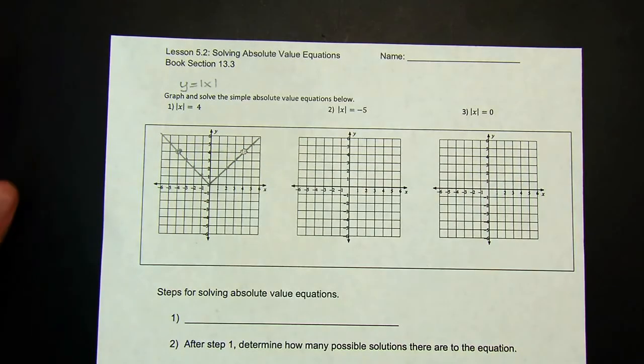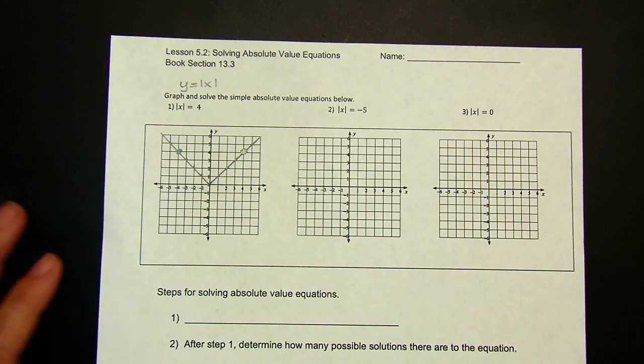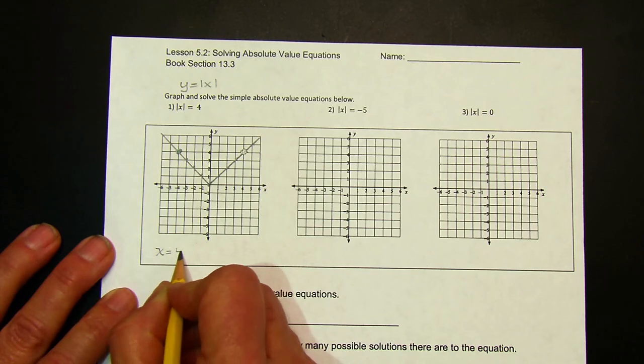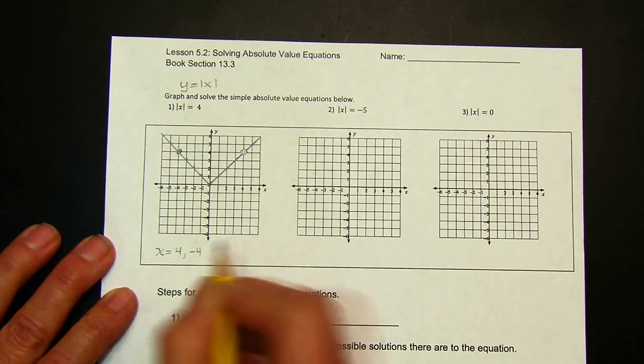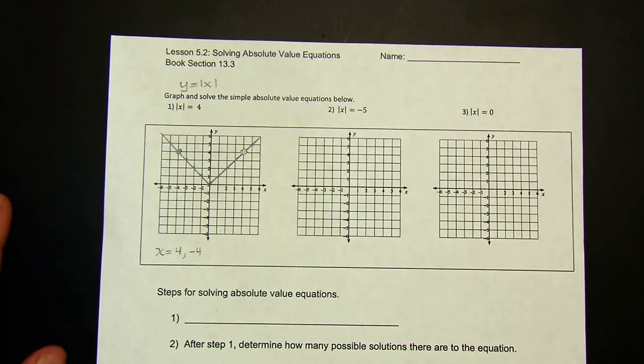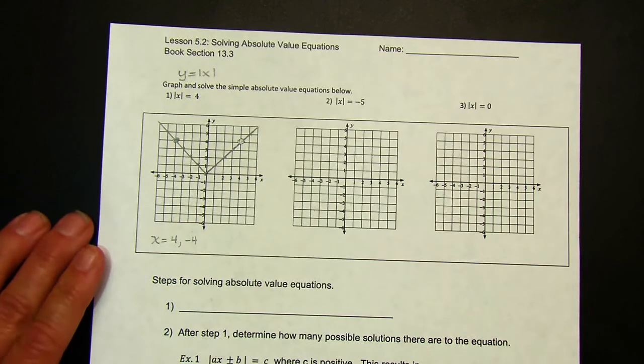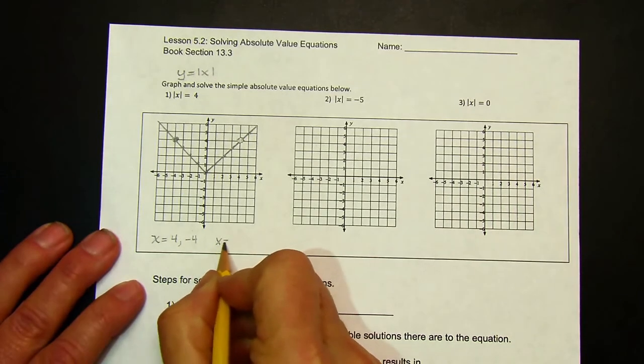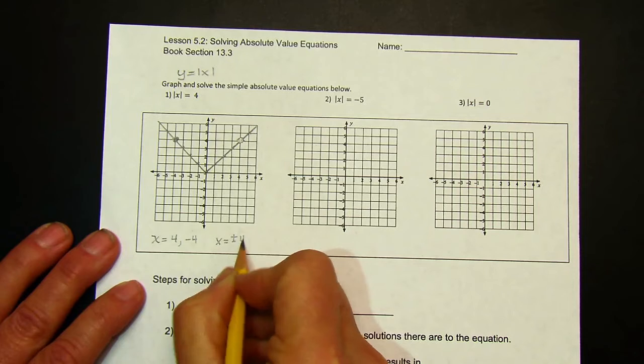So you can see we do get two solutions. Okay, so my two solutions for this are x equals 4 and negative 4. That's one way you could write it. What's another way I told you you could write it? Right? Layla did her little air writing. Okay. Another way you could write that is x equals plus or minus 4.